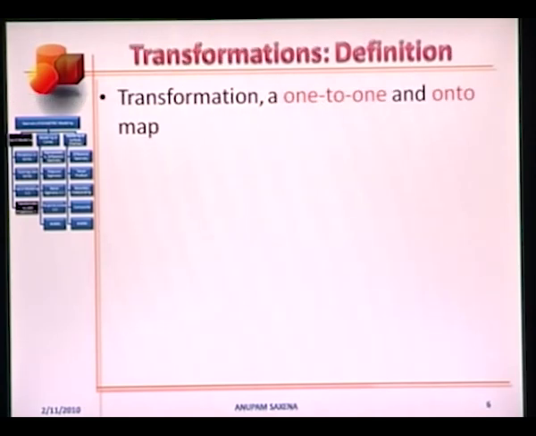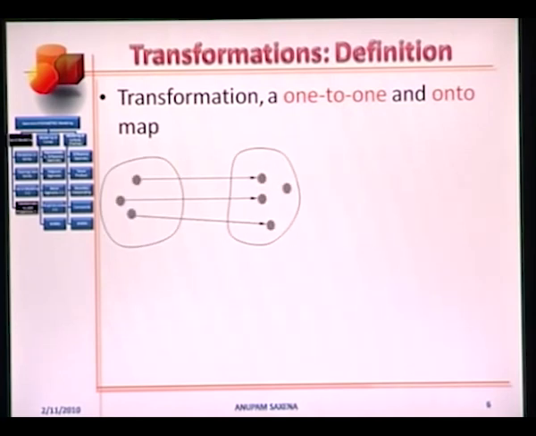Transformations, the definition. A transformation is a one-to-one and an onto map. Let's see what different map types are. In this figure, this is the domain U and this is the range V. All the elements of U have corresponding images in V. The images are also unique.